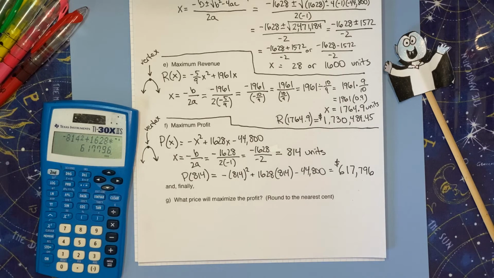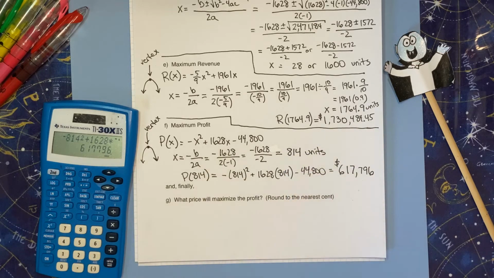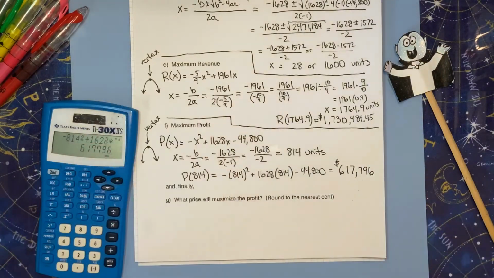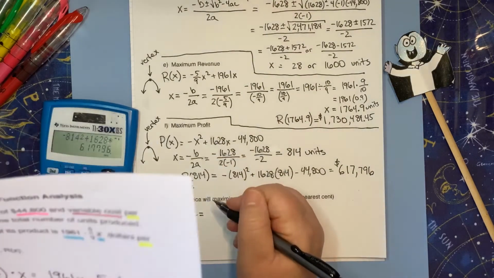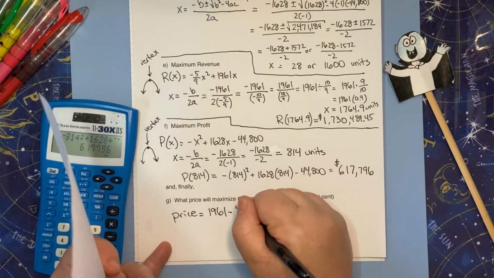And the answer is because if you are a business, you can't just go out into the world and say, okay, everybody buy 814 units and go. You cannot tell consumers how many to buy directly. However, using the demand function, the selling price function, our price is 1961 minus 5/9 x.